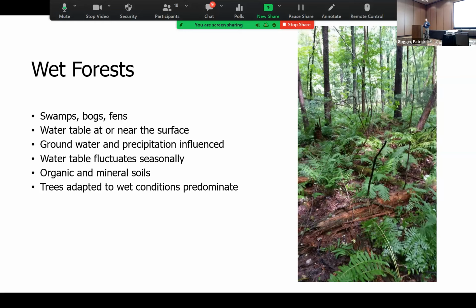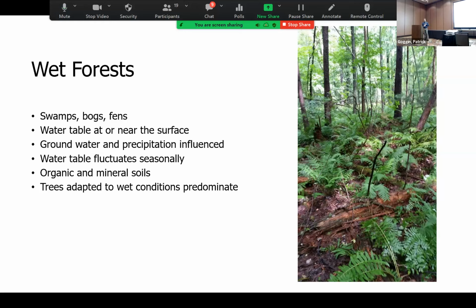Sometimes it might be 4 or 6 feet down, but other times it might be right at the surface, and it fluctuates seasonally based on the groundwater and precipitation in the surrounding basin. That seasonal water fluctuation has a real influence on the vegetation and the forest trees that grow there.